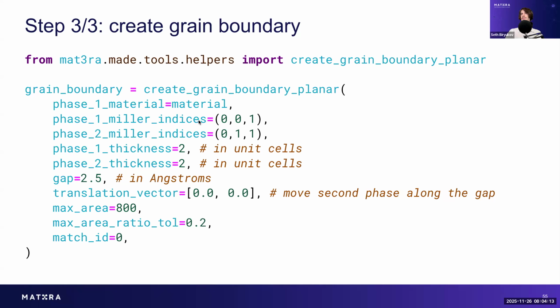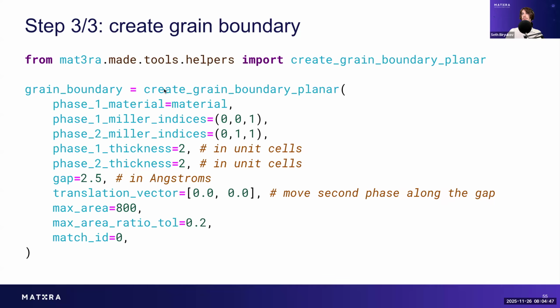You can also pass different materials for each phase in case there's some subtle difference between the two variants of the material. And then we specify the same slab parameters for both of the phases, as well as the gap and the translation in case we want to move the second phase along the gap, and parameters for the ZSL analyzer, so maximum area and tolerances.